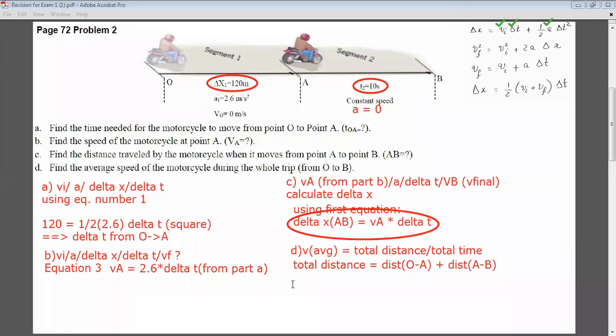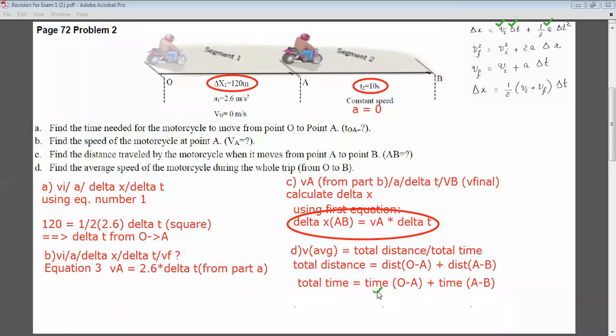Let's see total time. Total time is equal to time from O to A plus time from A to B. And let's see if we have it.